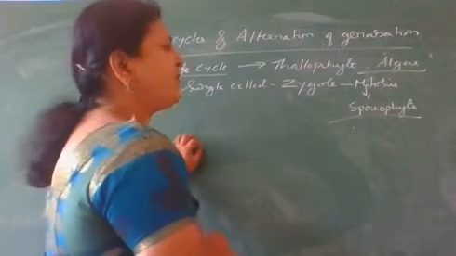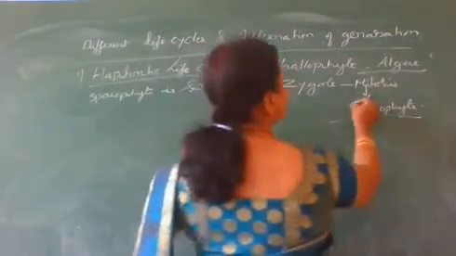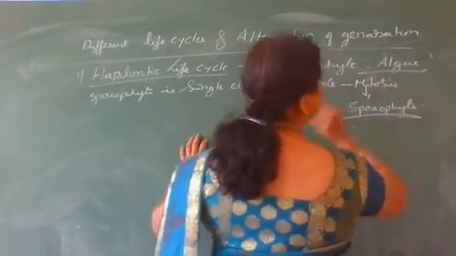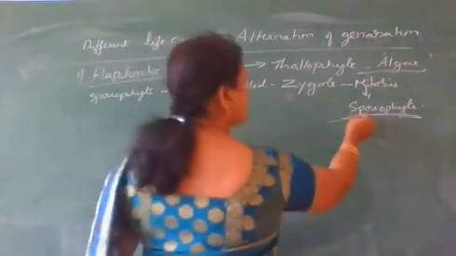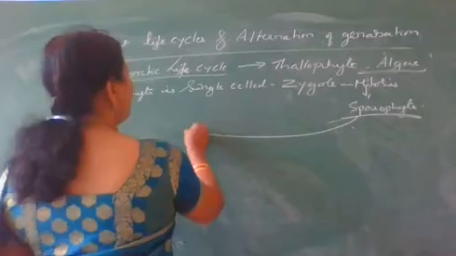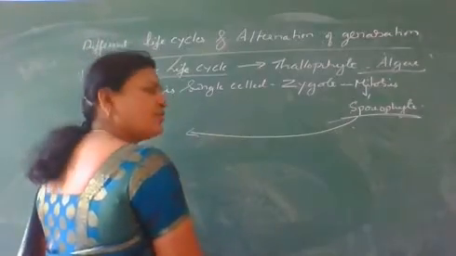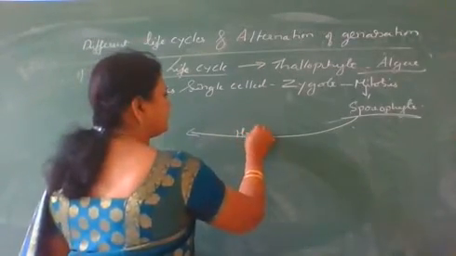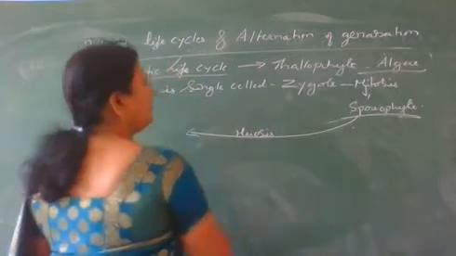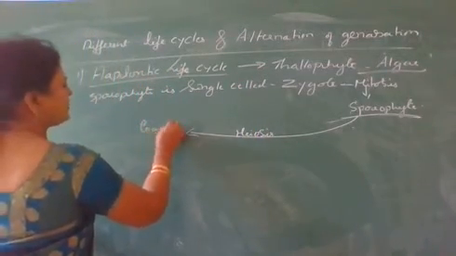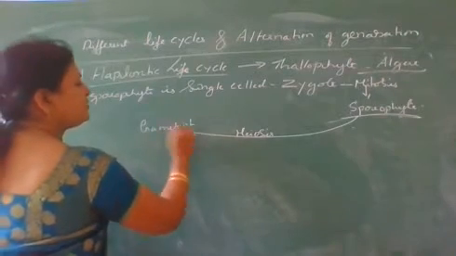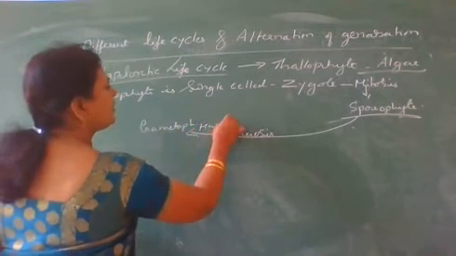That always depends on what? Gametophyte, and this is always short-lived. And this sporophyte again undergoes meiosis to form a gametophyte. That means meiosis forms what?